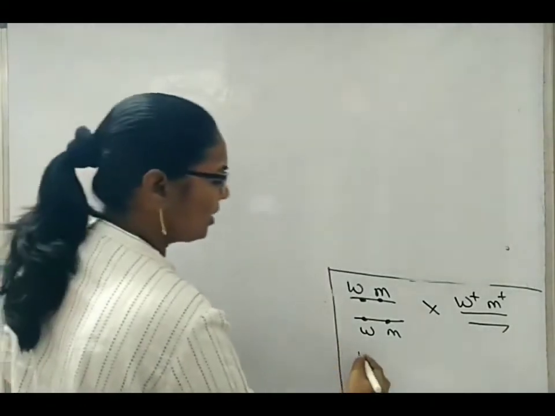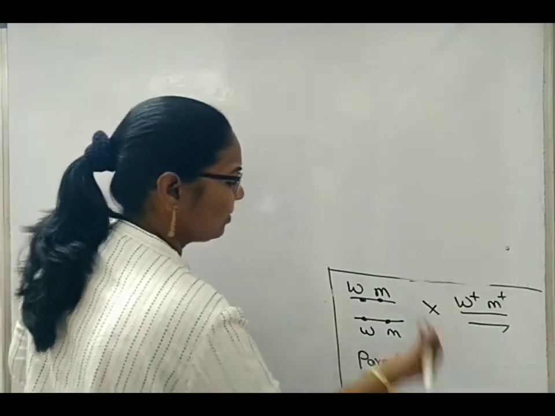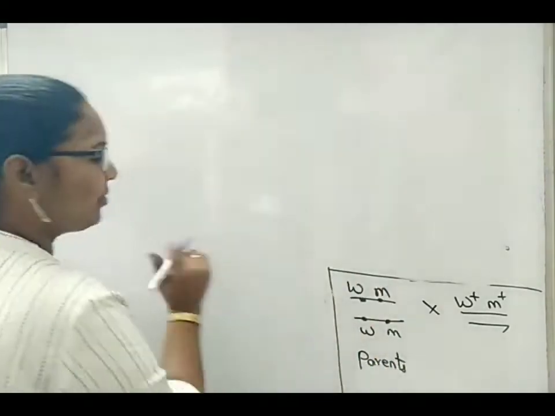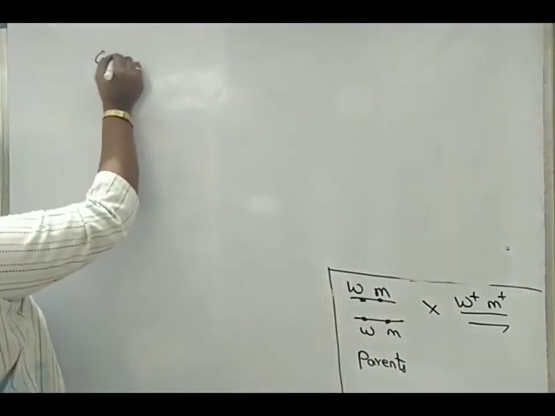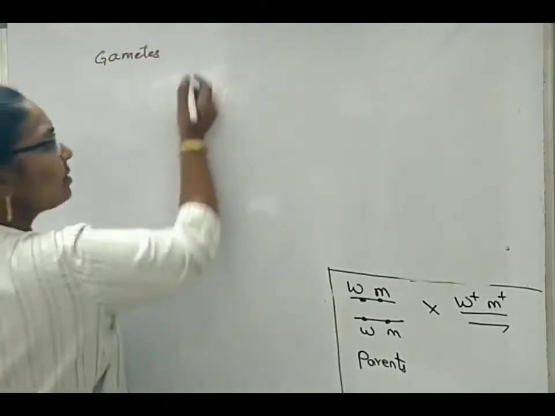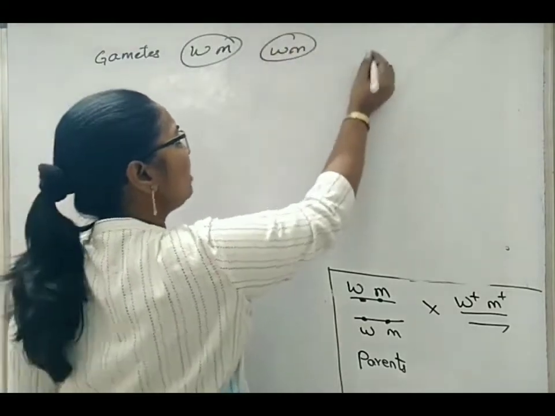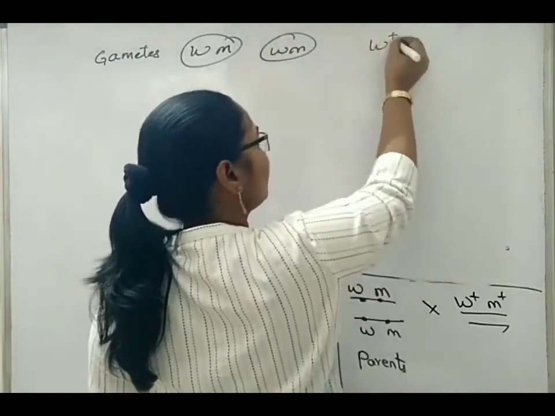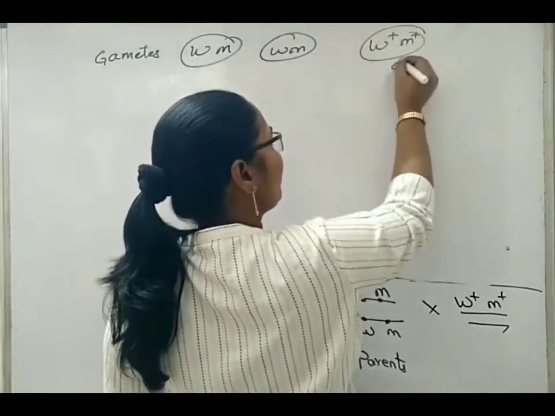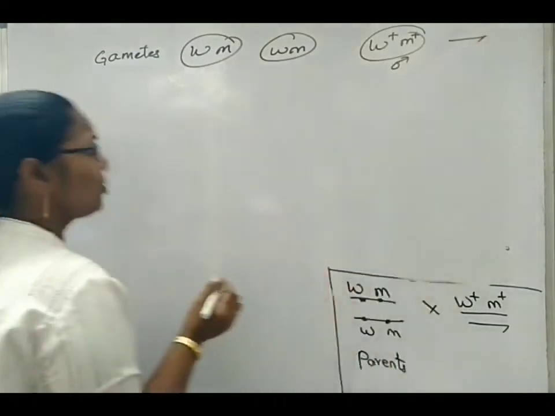If we consider this one as parents, according to the NCERT given cross, we get the gametes as one type from the X chromosome of a female, another type, and another type from the X chromosome of male, and also Y chromosome.